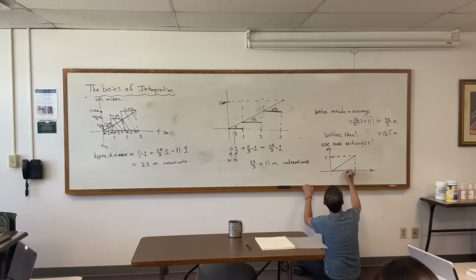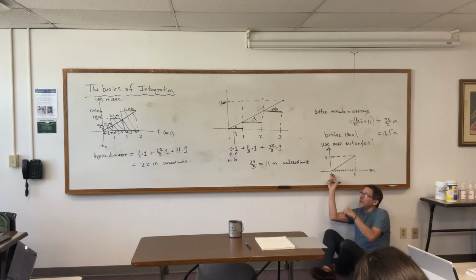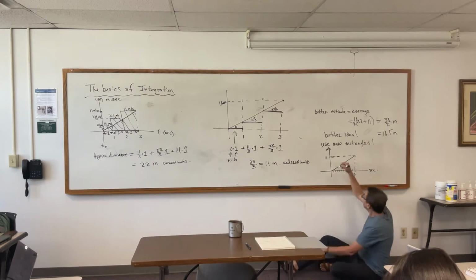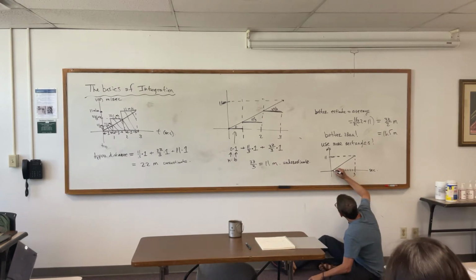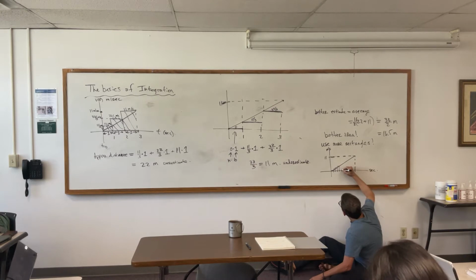They don't even have to all be the same, but they're looking like it there. On each one of these pieces, I'm going to assume the velocity was constant. And so what I get is a bunch of rectangles like this. Here I'm actually using the velocity at the right side to account for the whole interval. And I could have used the left.